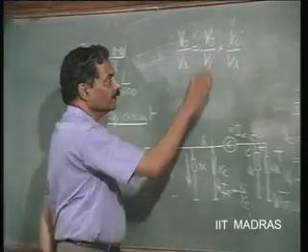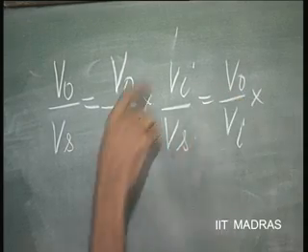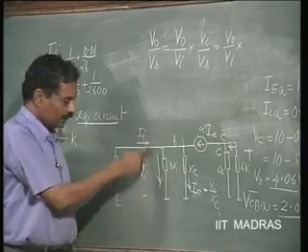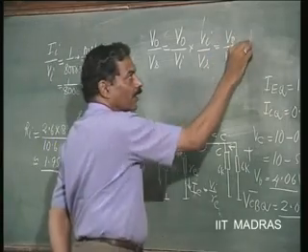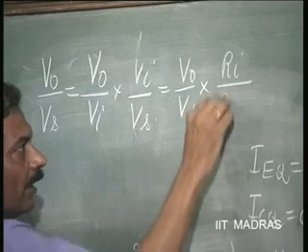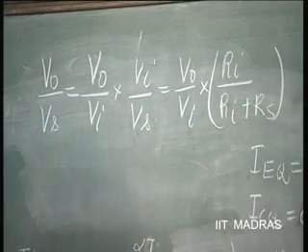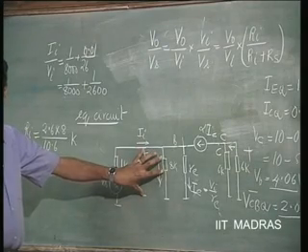V I by V s, this is V naught by V I into what is V I by V s? If this is R I, then R I by R I plus R s. So, R I by R I plus R s, potential divider action, because this is R I, we have replaced it by an equivalent input resistance.